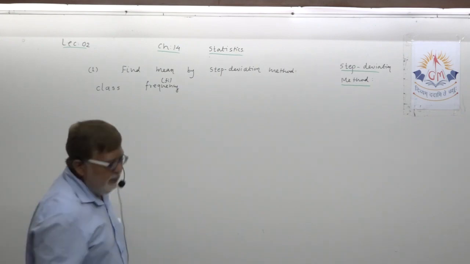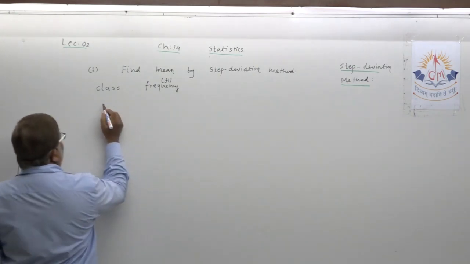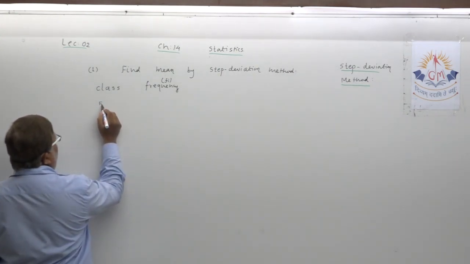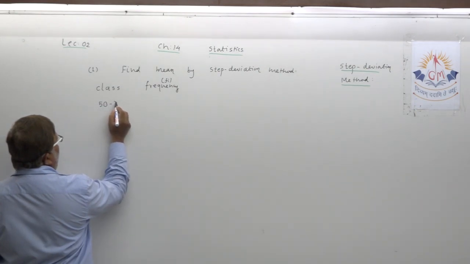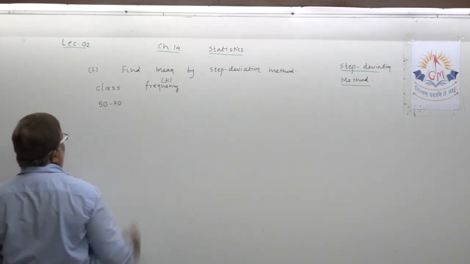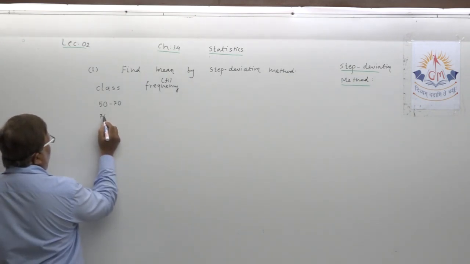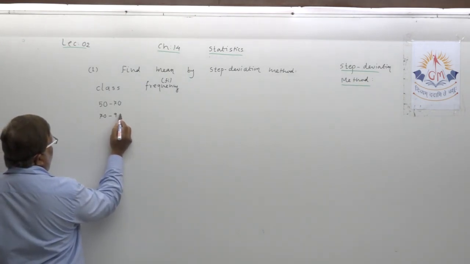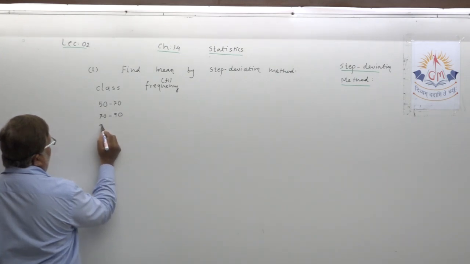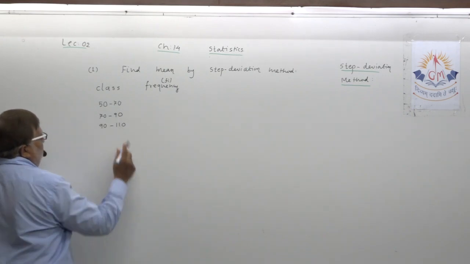Let me write the classes: 50 to 70. Then the second class, note down 70 to 90. Then 90 to 110.